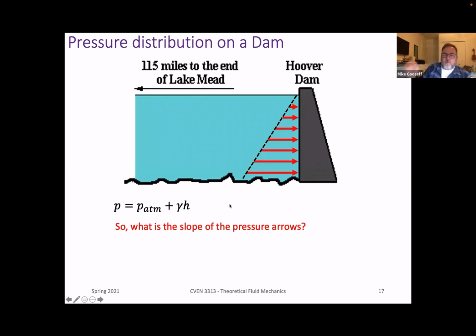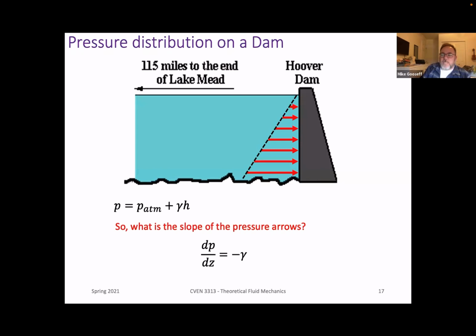Now, in our case with water, that was 9810. If we use the Hoover Dam to back up motor oil, that would be a mess, but it would be a very different gamma that we would use. And so we would have a different pressure at the bottom, and we would have a different slope to get down there. It would still be linear, though. That's what's key. It would still be linear.